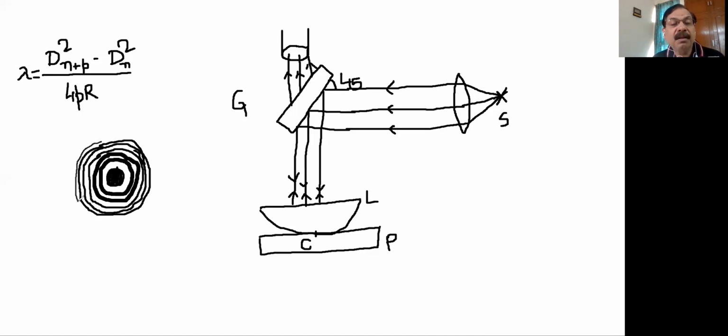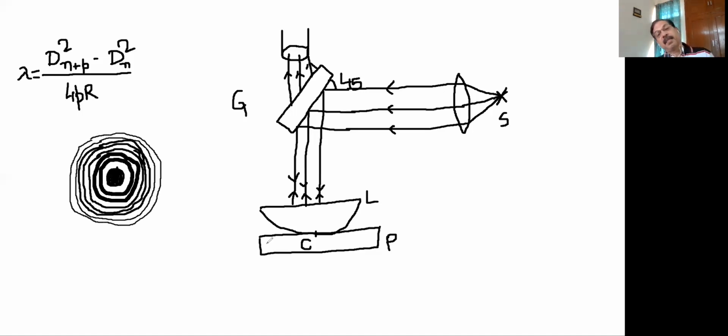All the fringes are due to the interference of light waves. All the fringes are circular like this, alternate dark and bright rings. This is the diagram of Newton's ring.